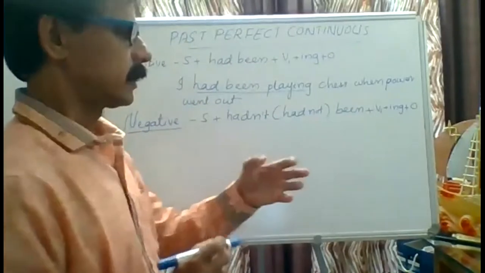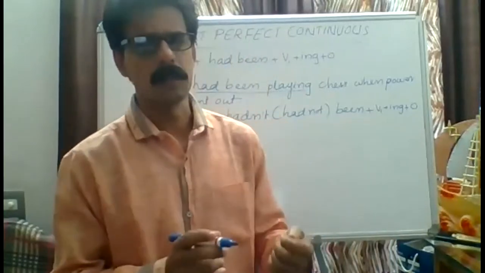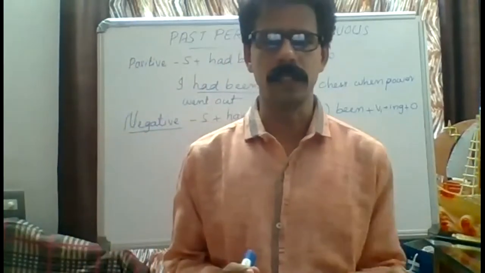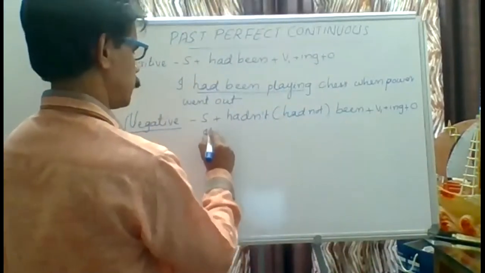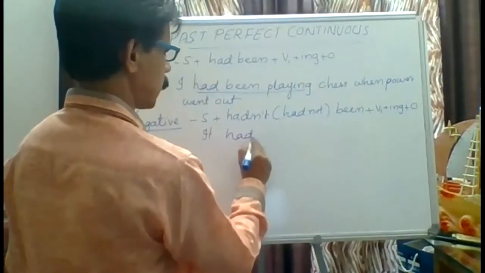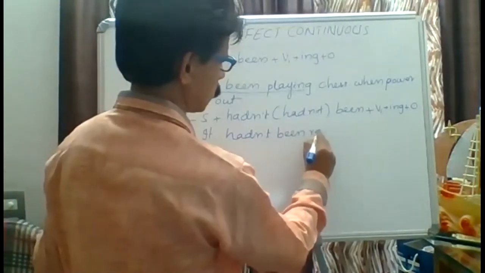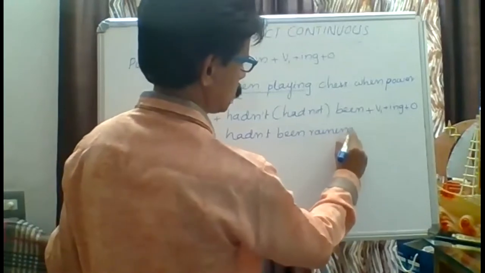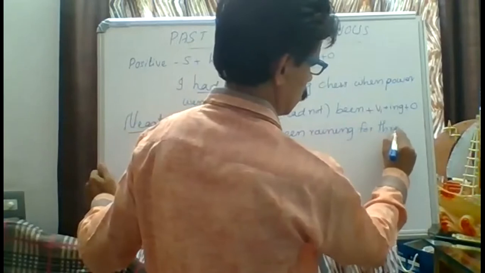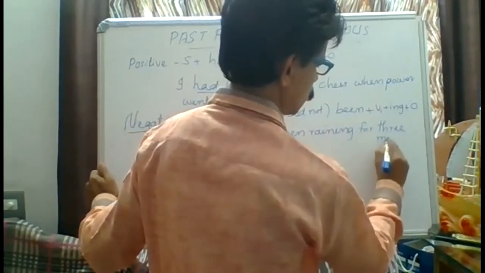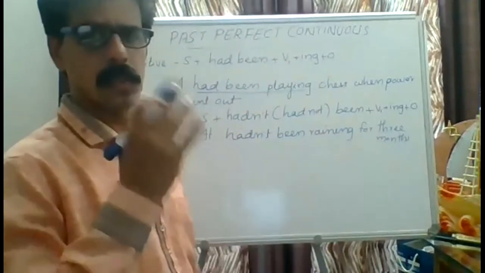It hadn't been raining for 3 months. Hadn't been is the negative form. This shows that for 3 months there has been no rain at all.